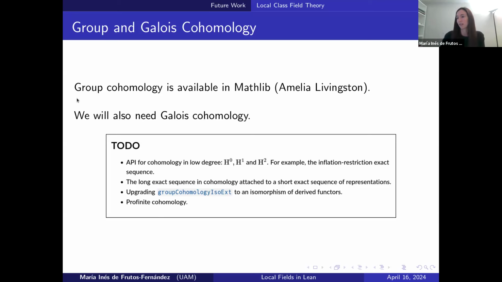This to-do list here is taken from the Mathlib documentation. There are some nice things that we would like to have for cohomology, for example some API for cohomology in low degree, long exact sequences, and very interestingly for us, we would like to have the definition of profinite cohomology so that we can define Galois cohomology.